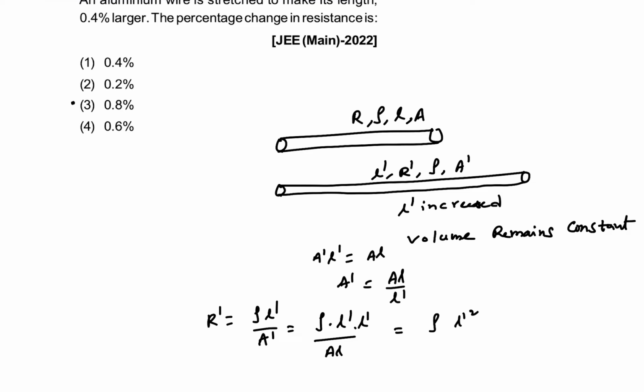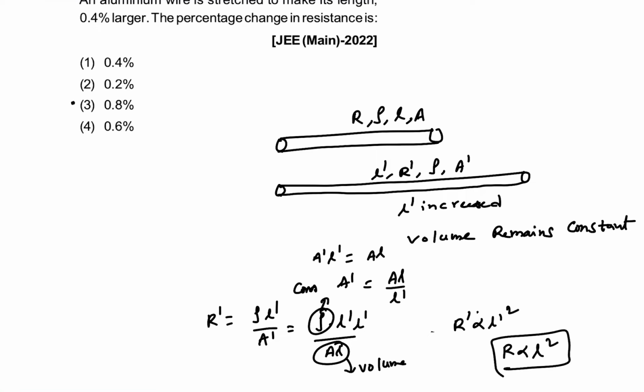A dash value is AL divided by L dash, so finally rho L dash square divided by AL. Rho L is volume only, constant.